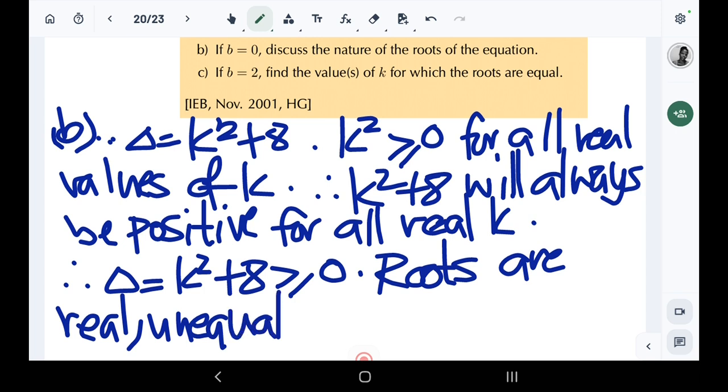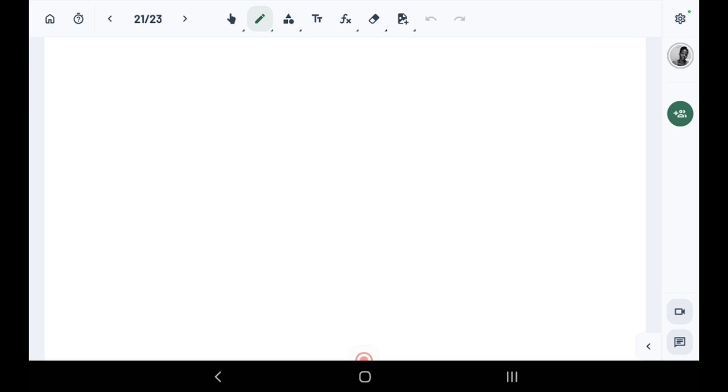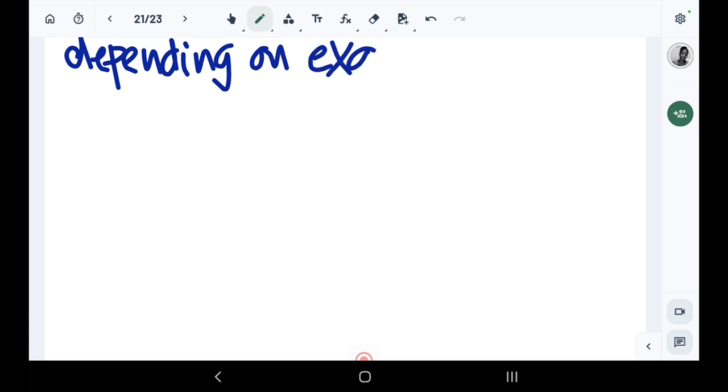But we can never be sure if they are rational or irrational, depending on the exact value of k.